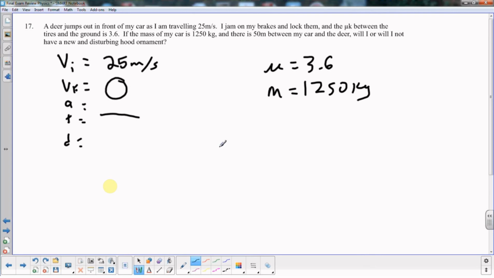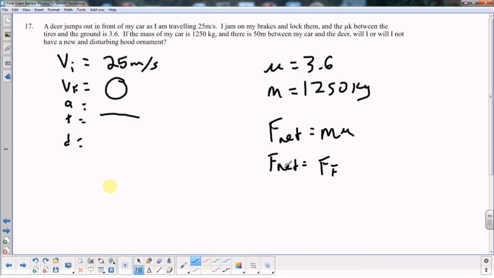The only tie that binds kinematics to dynamics is acceleration. If you remember, F net equals ma in dynamics, you can solve for that acceleration and throw it in there. The trick here is you have to realize that the F net is the force of friction. The car isn't going through the ground, the car isn't flying away from the ground, the car is simply stopping.